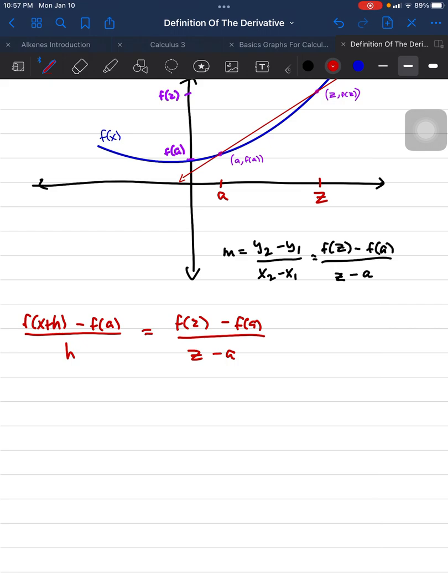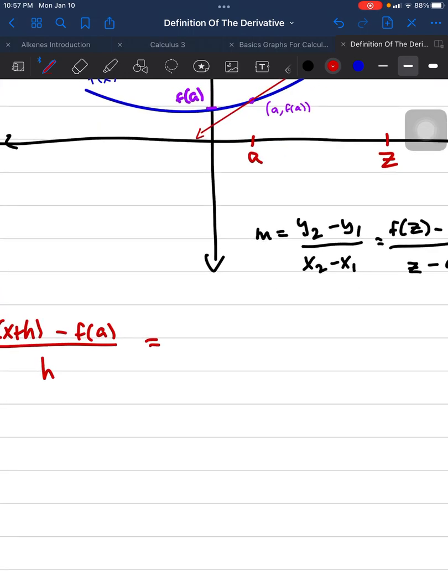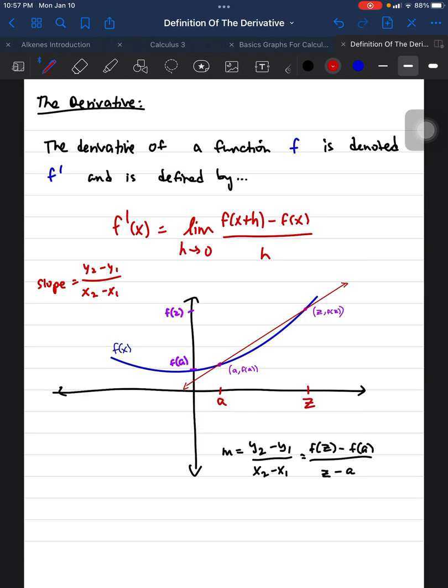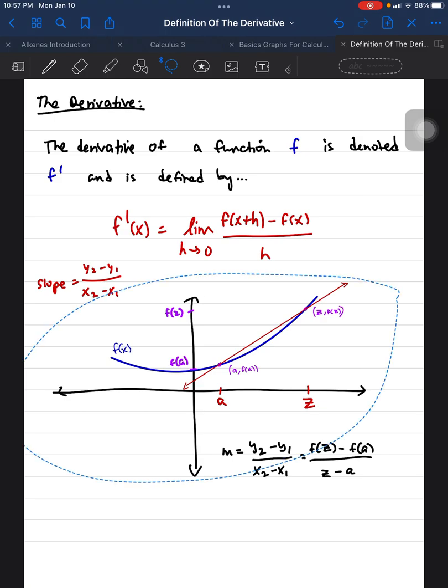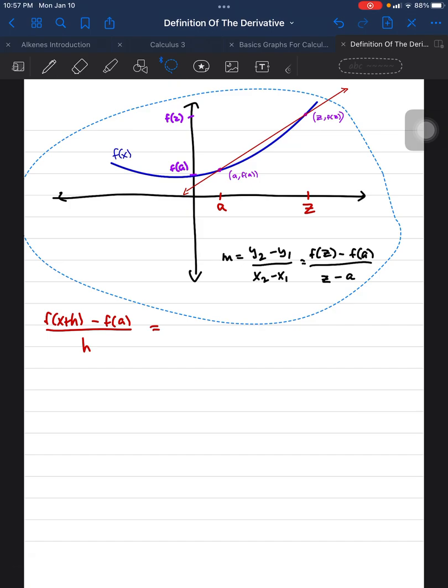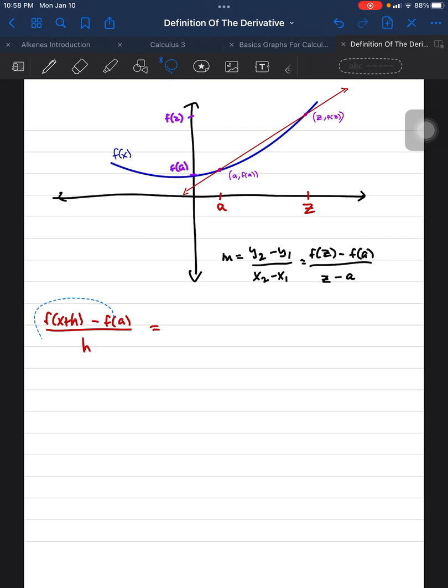So first things first, all right, I'm just gonna copy this graph into this next page, and we're gonna actually turn this right here into this form in order to try to make sense of the limit definition of the derivative.